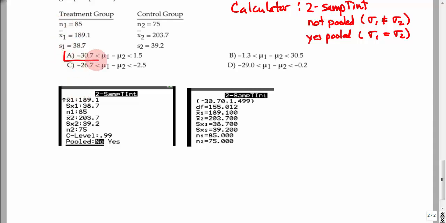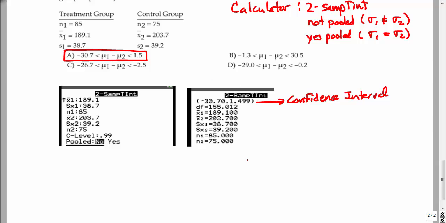So it looks like letter A is the correct confidence interval. Again, this is given on that top row. You might have to do a little bit of rounding to match these up, but this is my confidence interval. Okay, so let's look at number 4 then, being very careful of entering your data and being very careful of the order as well.